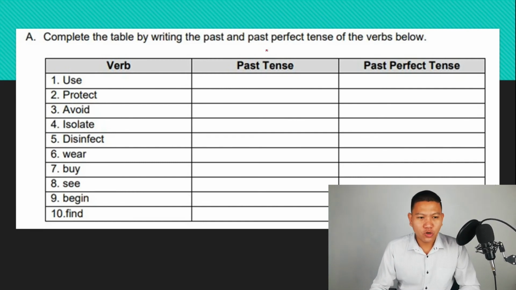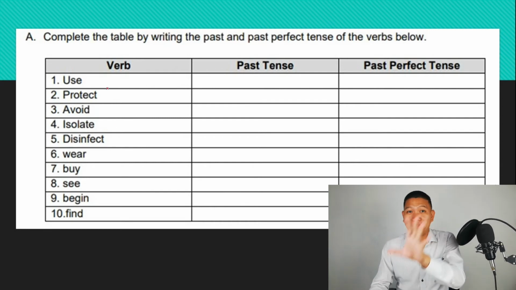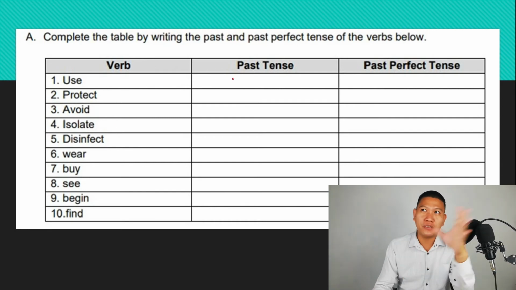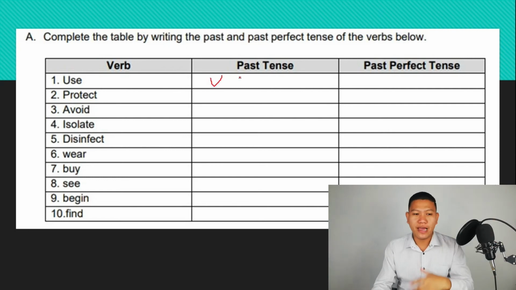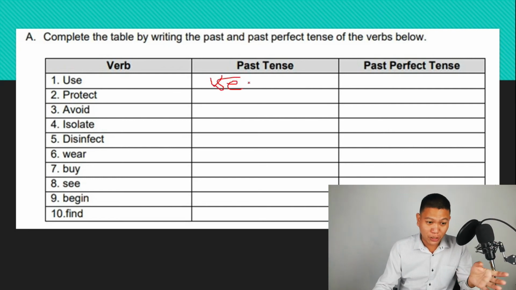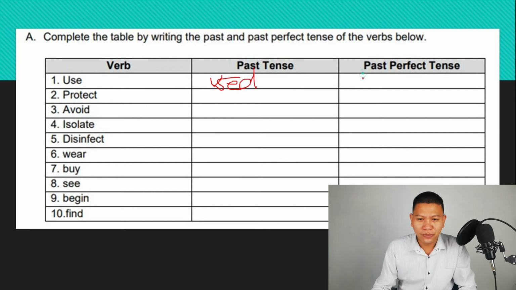Activity A. Complete the table by writing the past and past perfect tense of the verbs. So the previous activity can help you unless the verbs are not included there. So let me just help you here. Use. This one is a regular verb. So we just simply add D since it ends with a vowel. So used and then used.